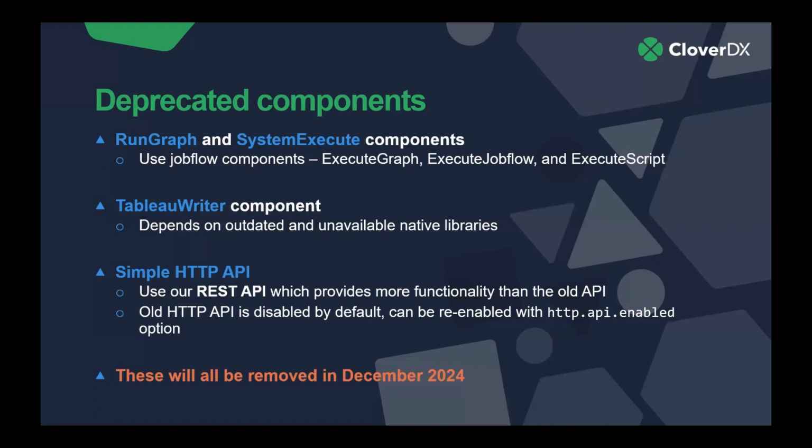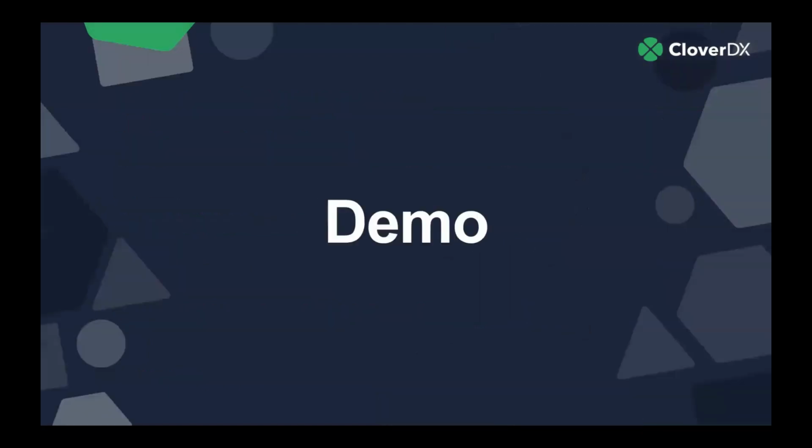And as I mentioned before, these are all deprecated components that we'll be removing in December. So you have roughly 9 months, or actually even longer, since you don't have to install every release immediately, to migrate your jobs or your tools to use the new ways of working with Clover. So that was the theory, and let's now have a look at the demo.